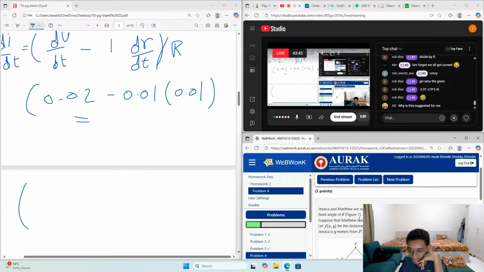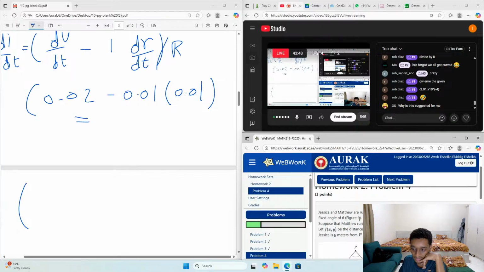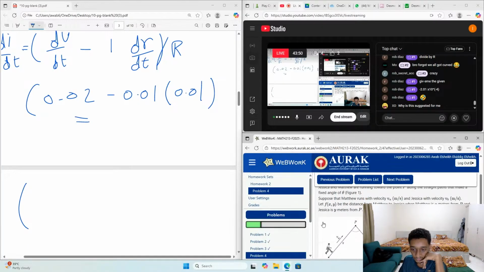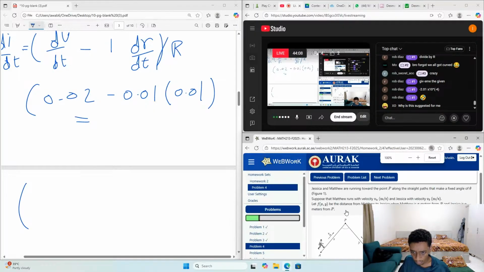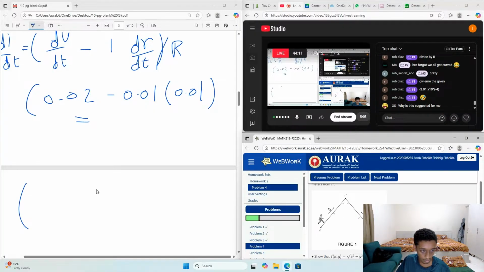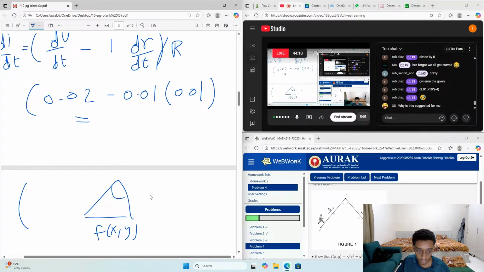Jessica and Matthew are running towards the point P along the straight path that make a fixed angle of theta. Suppose that Matthew runs with velocity, and b the distance from Matthew to Jessica when Matthew is x meters. So what is the question? Show that f(x,y) is equal to this formula. So we have a triangle. This is f(x,y), this is y, this is x.